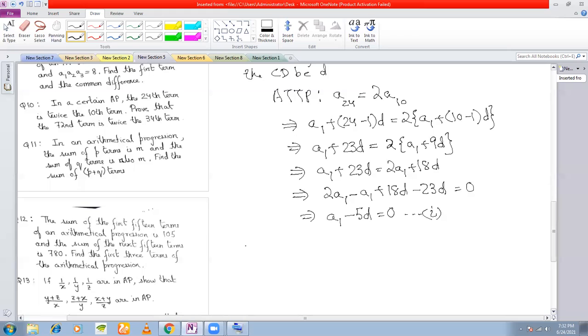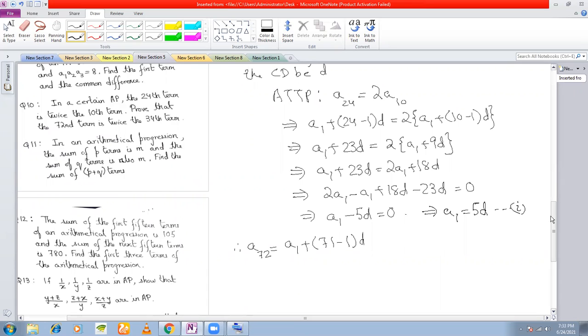So let us find the 72nd term. A72 is the 72nd term. It is A1 plus 72 minus 1 into D. Better still, because I'm getting this, let us write this in terms of A1 and D. So A1 we are getting as A1 is equal to 5D.